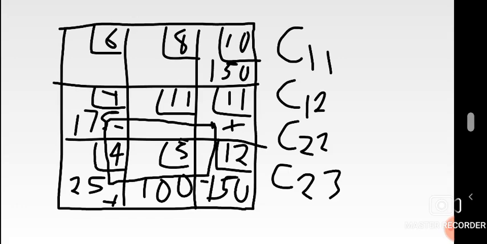Then the rule states that after you have done this on the loop, we want to change the appearance of this whole matrix. We shift our focus to the corner points of the loop that had negative signs, the one with units of 175 and the one with units of 150.